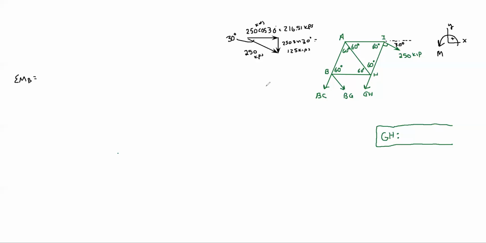That means we are going to have to do a little bit of work with GH, but I'd rather just do one than all of those. Okay, this is GH.